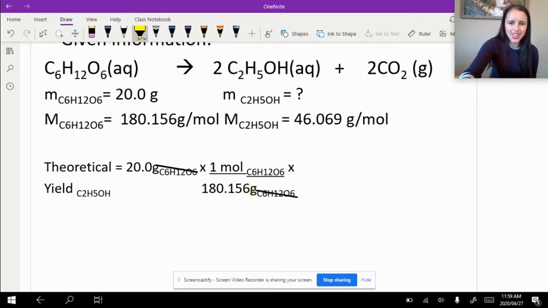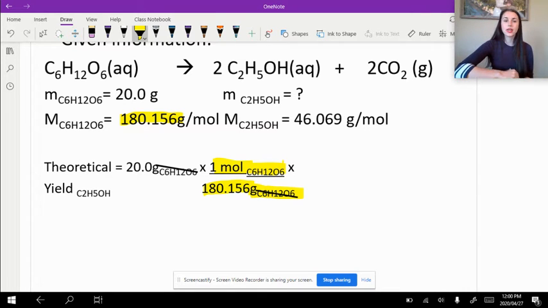In order to get rid of that grams of glucose, I want to put grams of glucose in the bottom part of my fraction. Well, where's the only place I see grams of glucose? In my molar mass. So I'm actually going to put my molar mass in the bottom part of my fraction. That's going to leave me with moles of glucose in the top part of my fraction. So I've got one of my things canceled out.